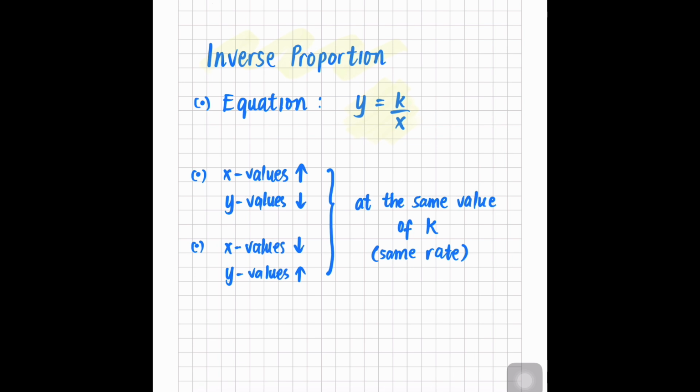In addition, inverse proportion also tells us that whenever x values increase, y values decrease, while as x values decrease, the y values increase, at the same value of k, or constant of proportionality. So you notice that the behavior of the x values and the y values are actually opposite.